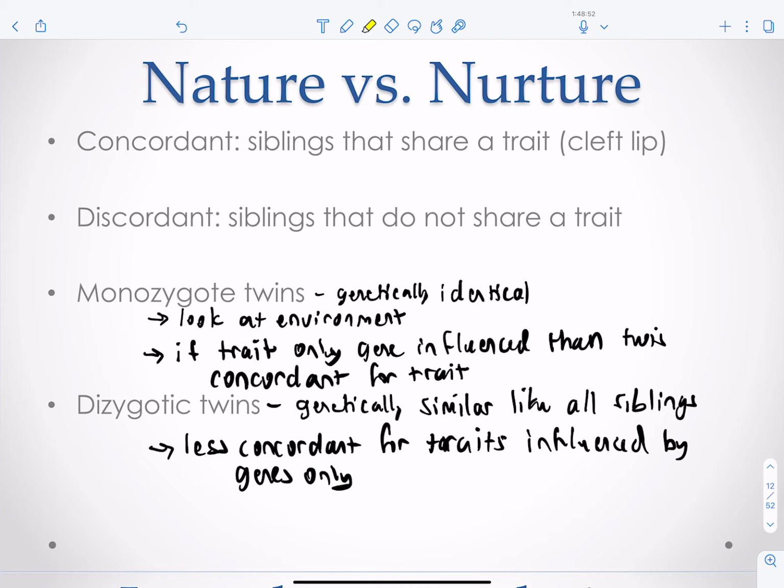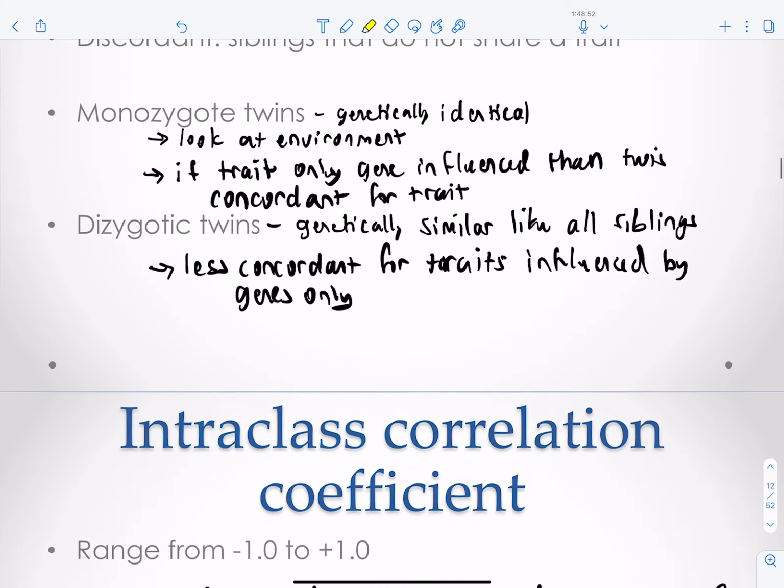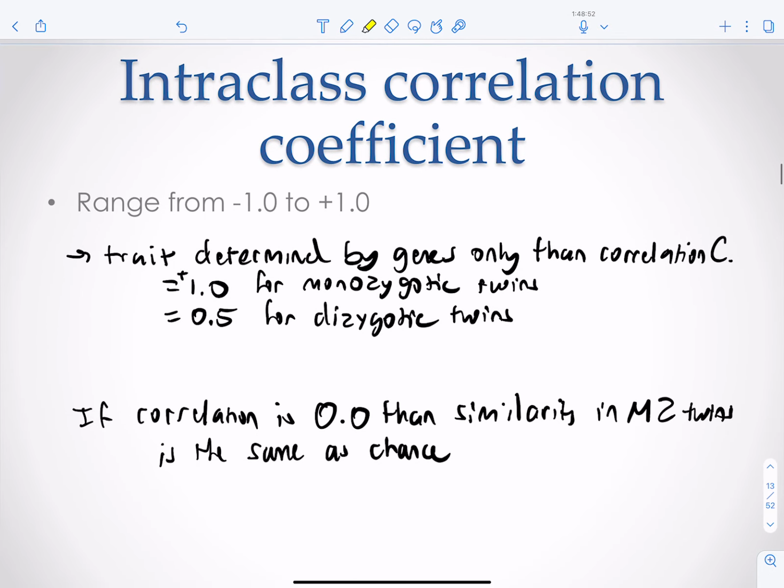Now, dizygotic twins are going to be similar to all other siblings. So if you have a disease that's influenced by genes only, you're going to have the same concordance level as with just siblings. So you're going to be less concordant than monozygotic twins. The intraclass correlation coefficient, intra meaning within, is going to range from -1 to +1.